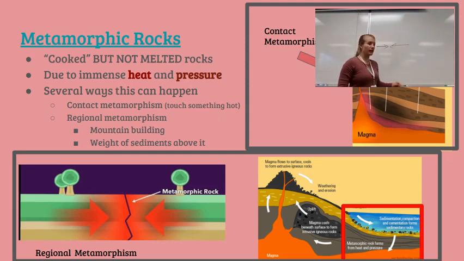And especially if you're at a continental boundary where they have the same density, neither one wants to go down. So what happens is they start pressing against each other. If you do this with your fingers, you can see that it's creating a lot of pressure, and it hurts my fingers.